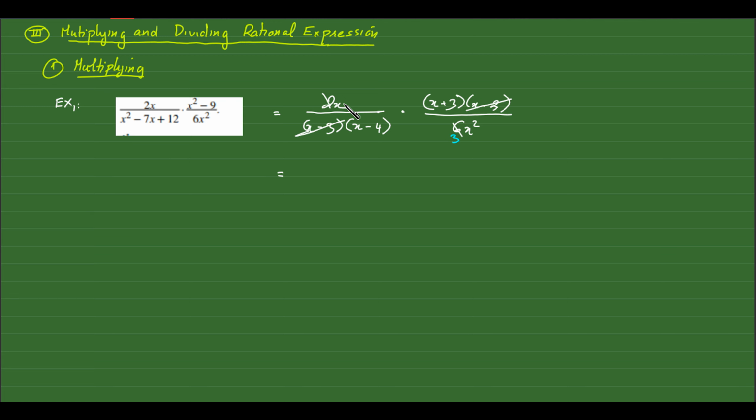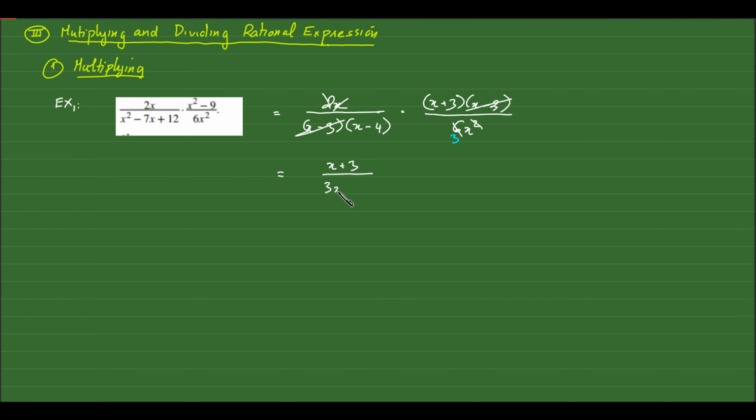Okay, and x and x square. So x and x square you cancel. You have x left. Okay, you have x left. So what you have on the top will be x plus 3, right? Over what?